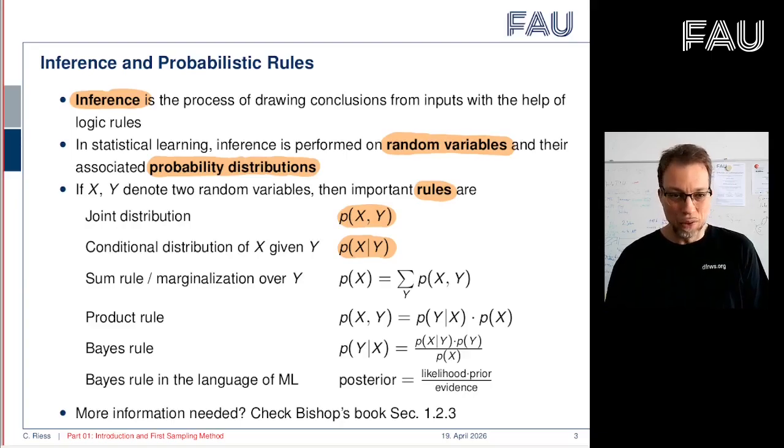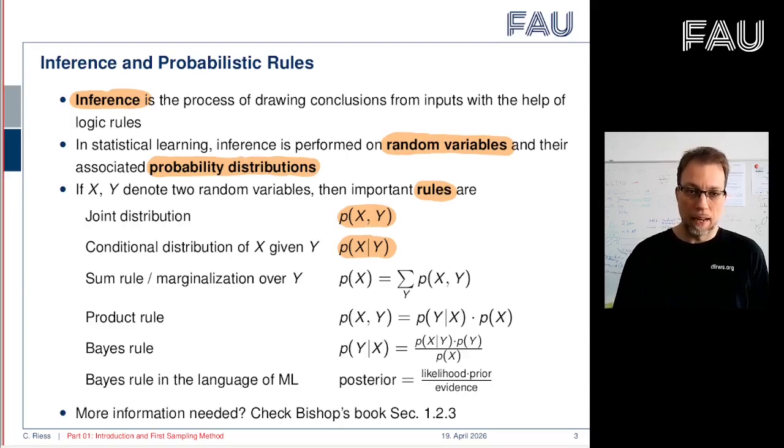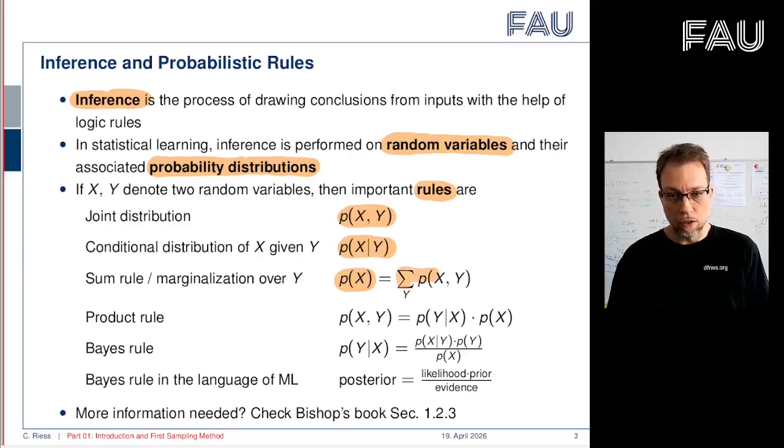Here's an actual rule: we can form the distribution of x, p(x), by marginalizing over all instantiations of y in that joint distribution. So p(x) is the sum over all instantiations of y of the joint distribution of x and y.